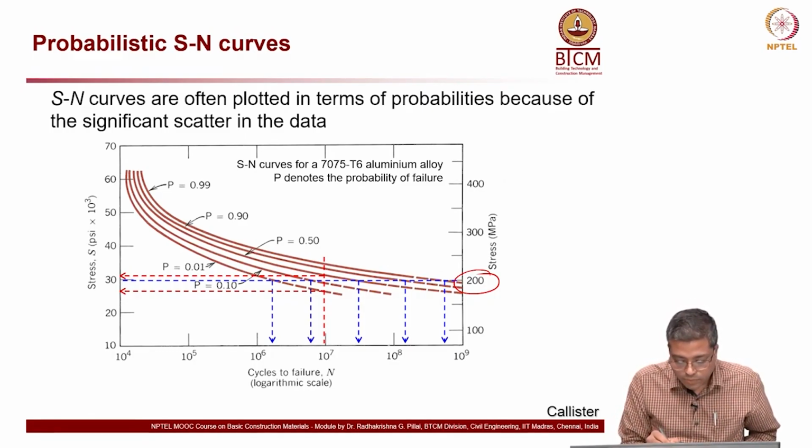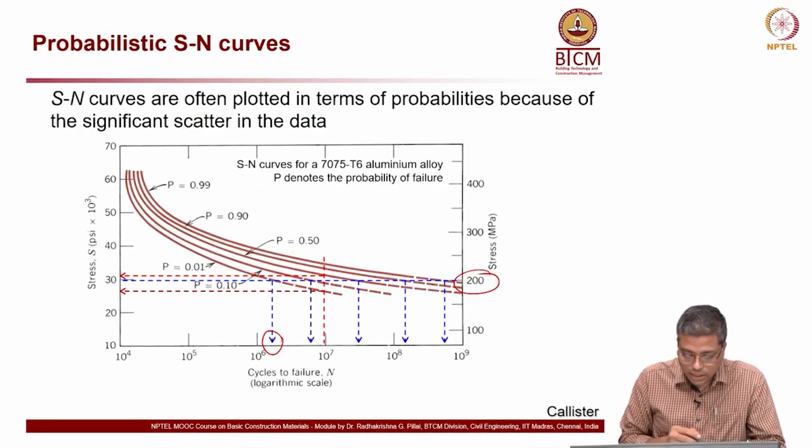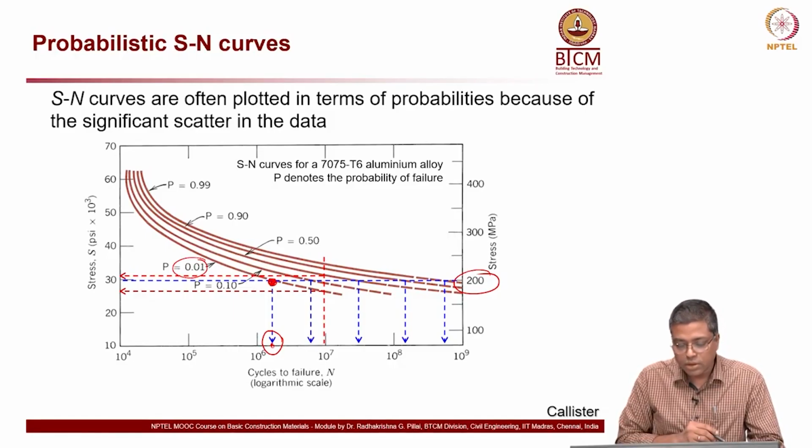So, for example, if the system reaches a little bit more than 10 to the power 6 cycles, when N is equal to about here, the probability of failure is 0.01. Okay, I am talking about this point here.